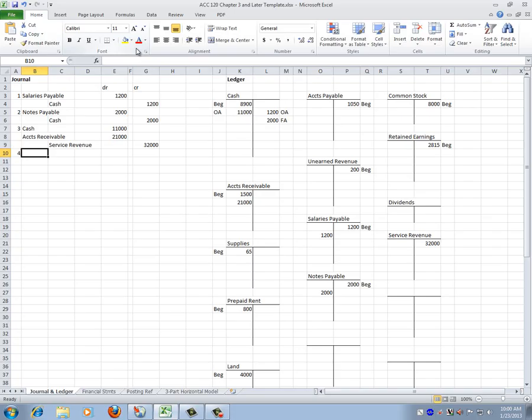I've posted all that, maintained good form, listing our accounts being debited first, those being credited last, and indenting those credits. Number 4. On May 1st, we pay $3,000 for 12 months rent in advance. So prepaid rent asset increases. We're paying out cash, so the cash asset decreases with an opposite right side entry in order to decrease that asset.